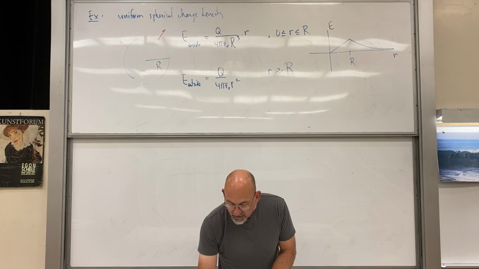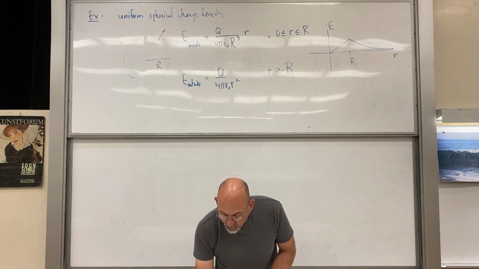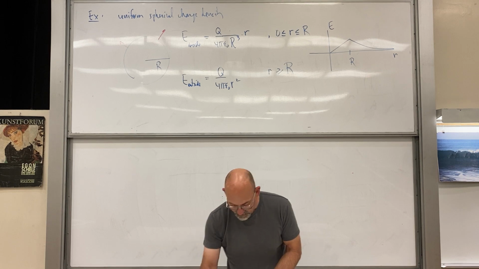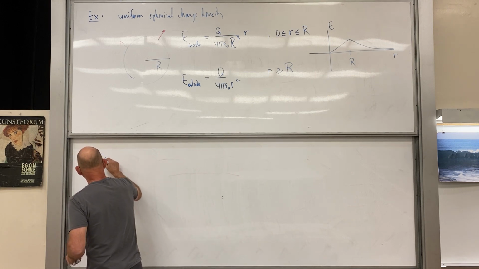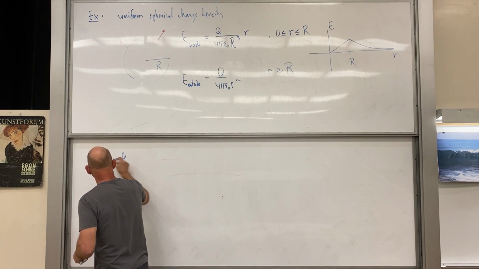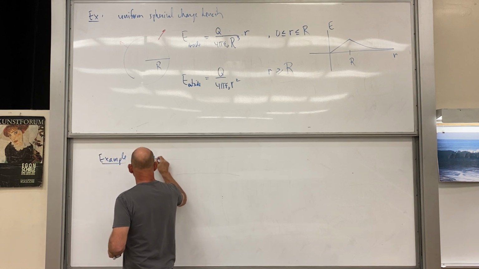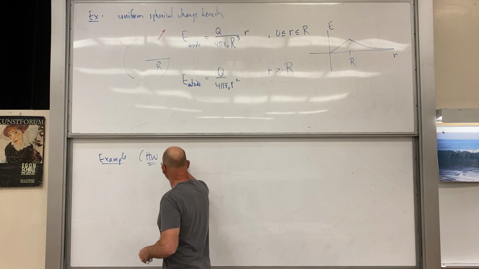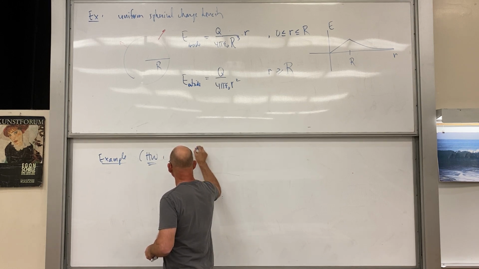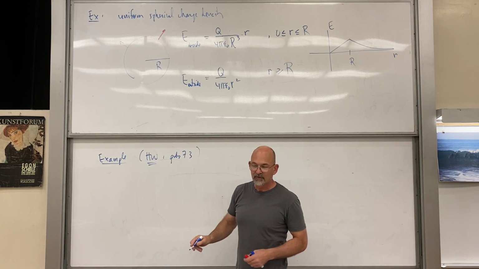Yeah, this will be problem 73. What we're going to look at is a charge density. So yeah, how about we just, as an example, this is a homework problem, good time to start talking about it, problem 73. I'll have to remember to assign it. So it's problem 73 of chapter 22.